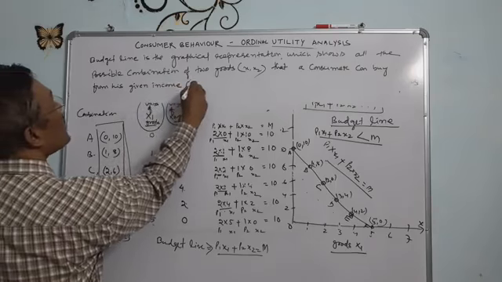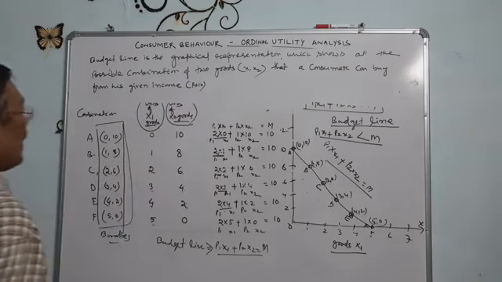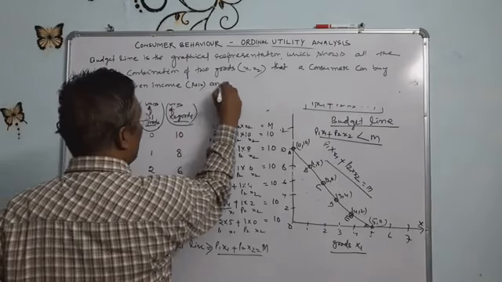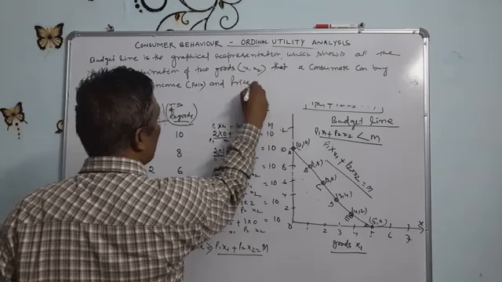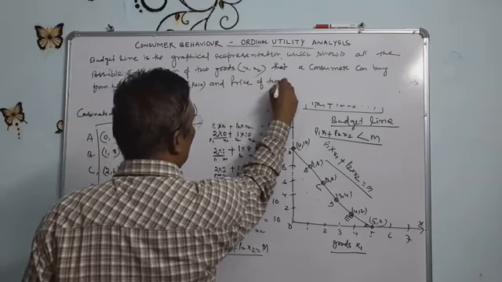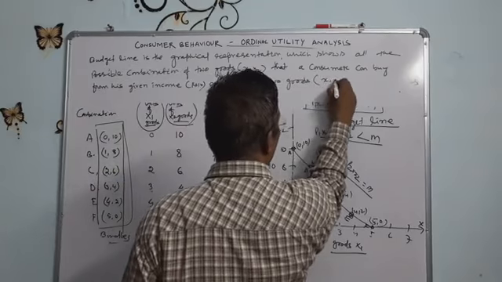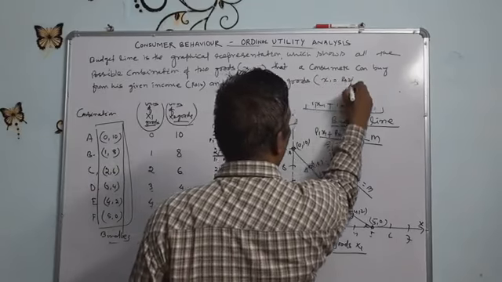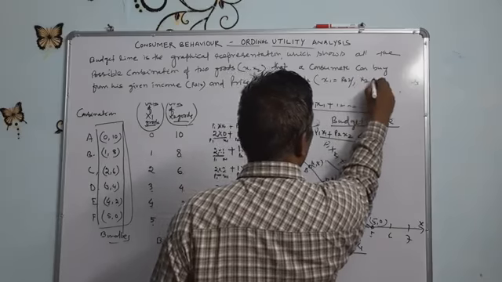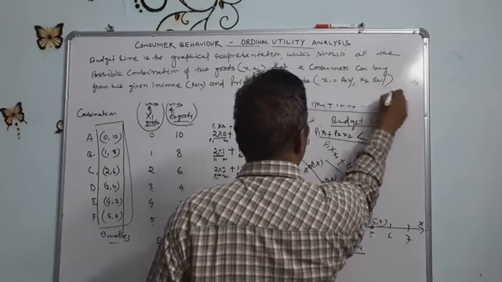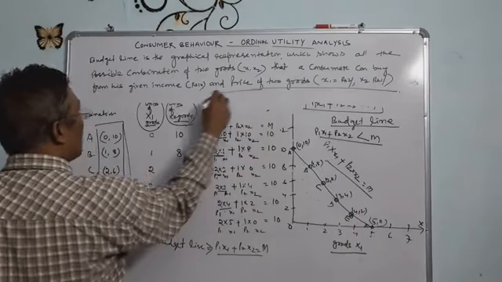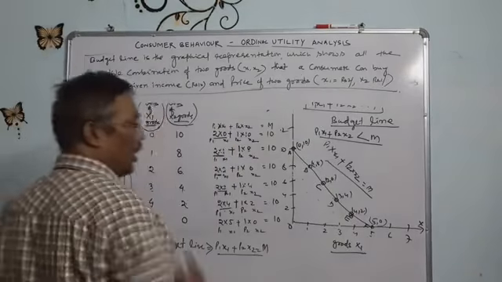In my example rupees 10 is the income, and the price of the two goods means x1 is rupees 2 and x2 is rupee 1. That is called the budget line.